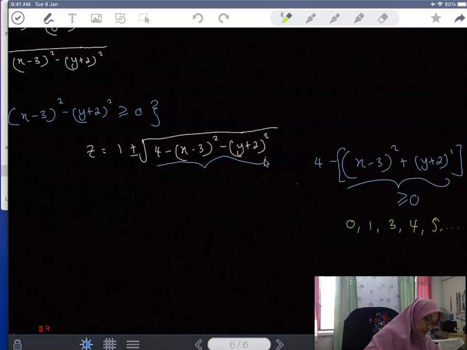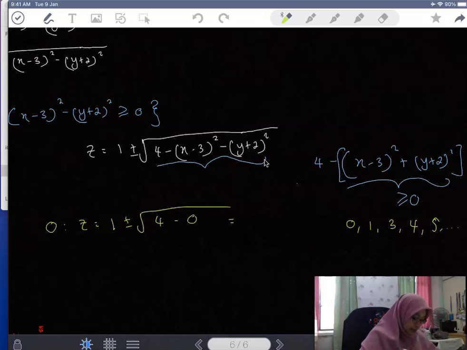Okay, now we want to investigate. If the value in the bracket is 0, your z becomes 1 plus minus square root of 4 minus 0, so we get 1 plus minus 2.